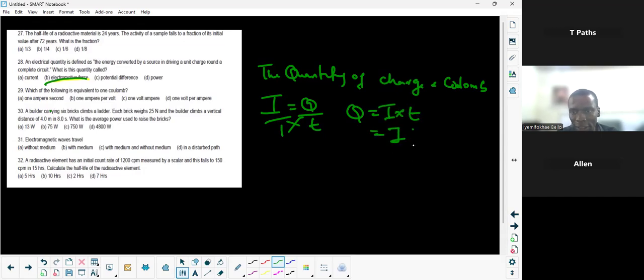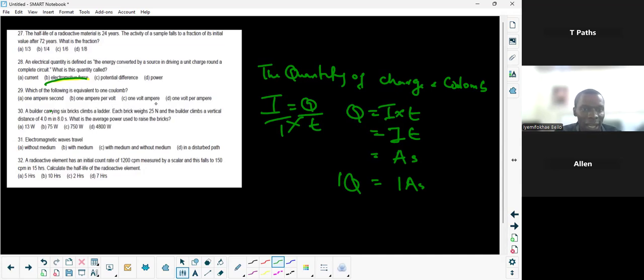which is I T. Now, what is the unit for current? Ampere. And what is the unit for time? Second. So 1 coulomb is equal to 1 ampere second. You pronounce this unit as ampere second.